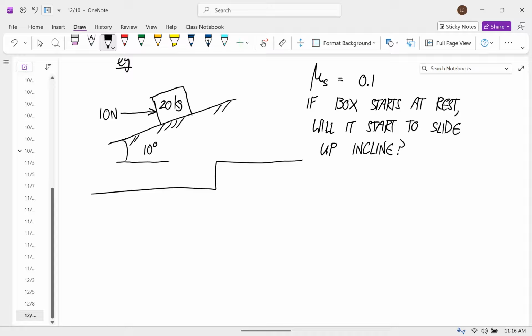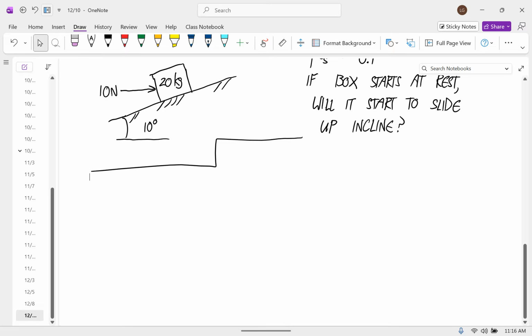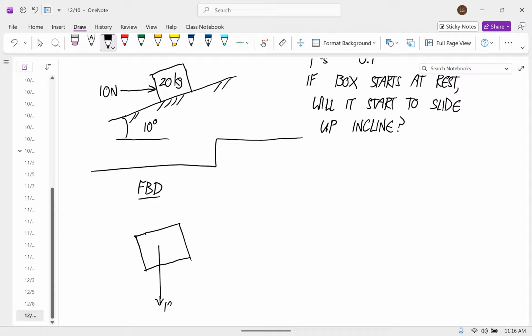How do I want to do it? So let's draw a free body diagram first. We have a weight force down of 196.2. We have a normal force perpendicular.